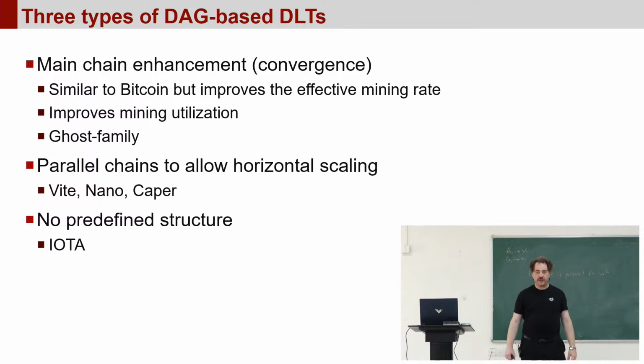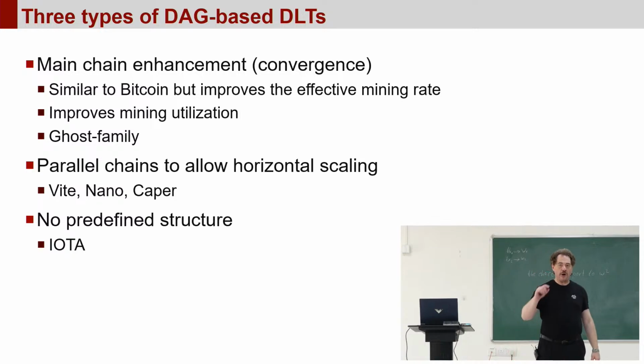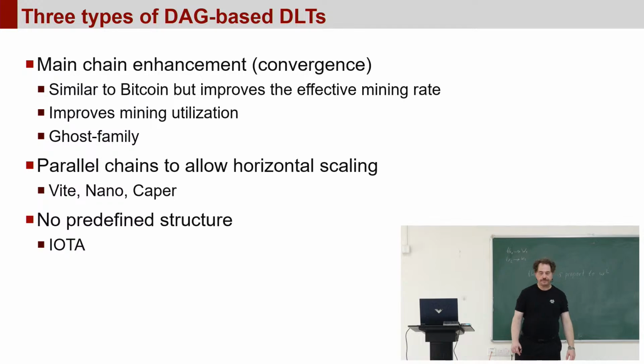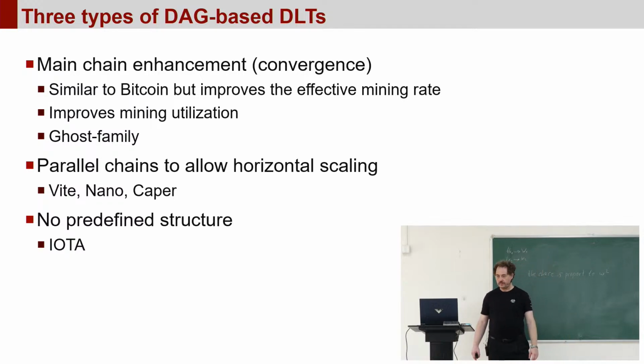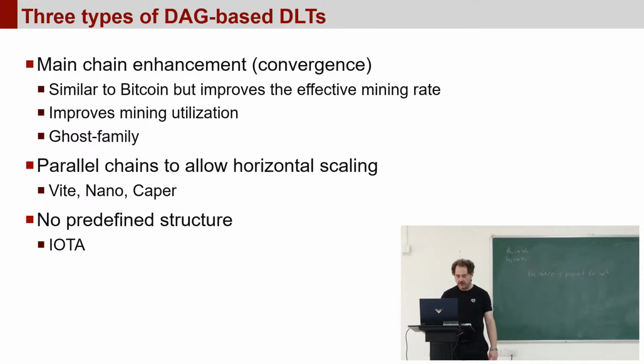That situation continues over time, so the parallel chains do not converge. However, they do refer to each other, because there could be cross-chain or cross-shard transactions. Vite, Nano, and Caper are examples of systems with parallel chains.